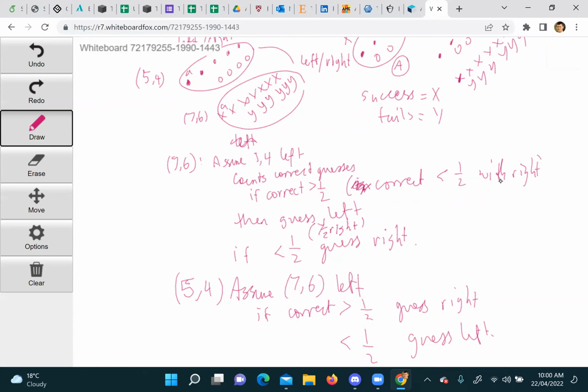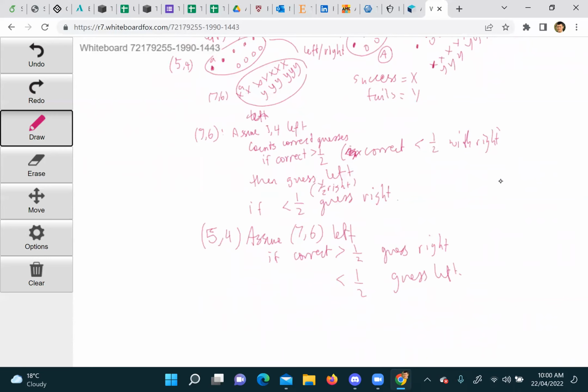So if I look at the 7-6 people and I see that they would have guessed more than half picking left, then I want them to pick left, right? So I want them to pick left when I'm going to be wrong, yeah? I'm saying this a little convoluted.